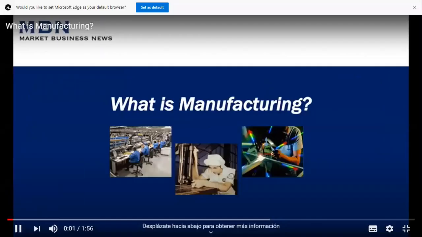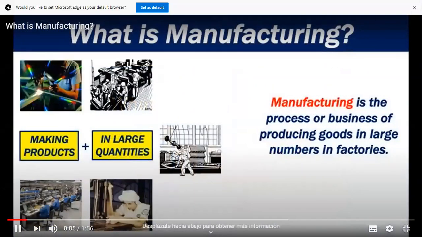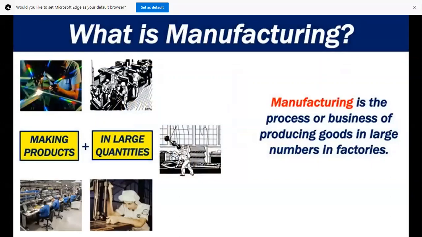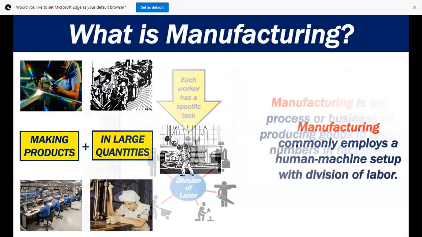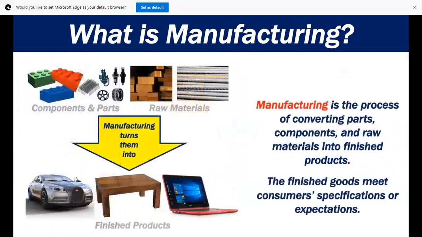What is manufacturing? Manufacturing is the process or business of producing goods in large numbers in factories. Manufacturing commonly employs a human-machine setup with division of labor. Each worker has a specific task. Manufacturing is the process of converting parts, components, and raw materials into finished products.